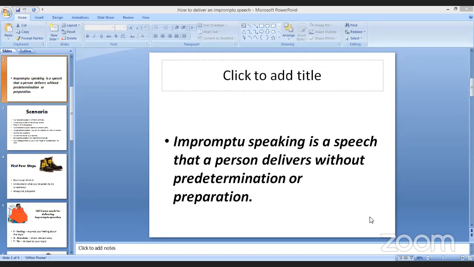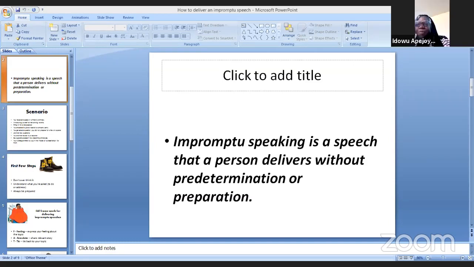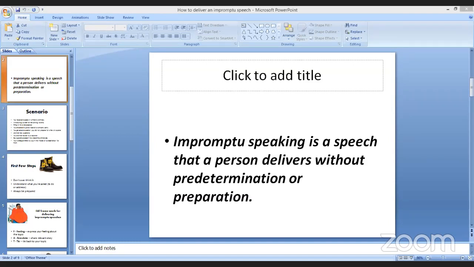Second month, maybe the last week of the second month. No, it can't be the last week. It should be the third week, I think the fourth week. Let me check my notes, because we've done how to open and close a speech. We've done how to prepare and deliver a world-class presentation.